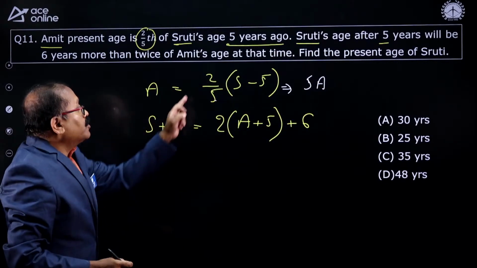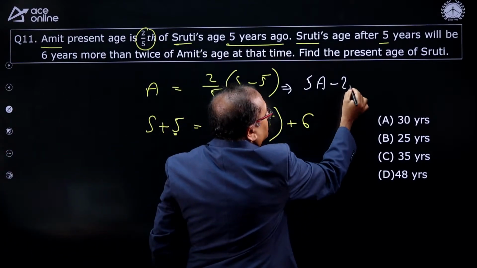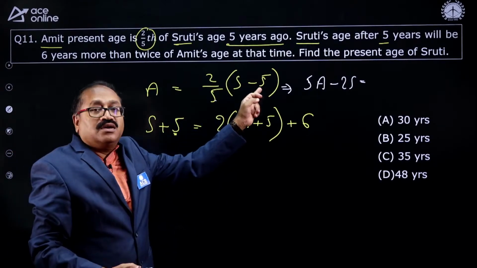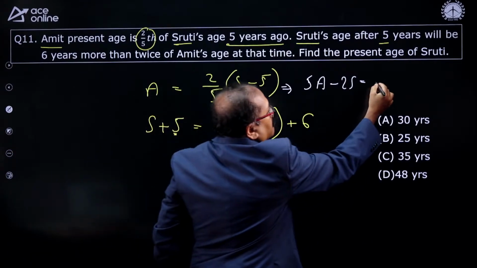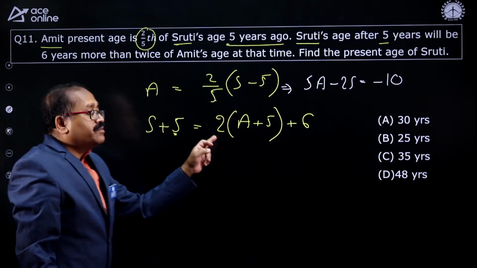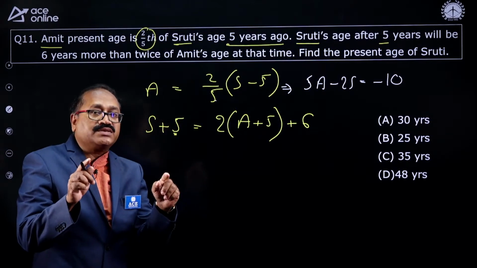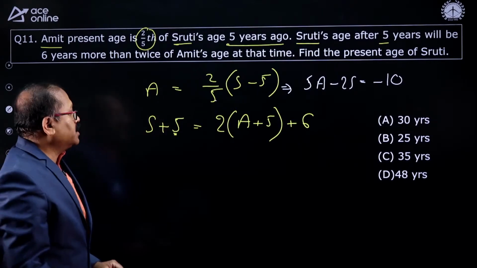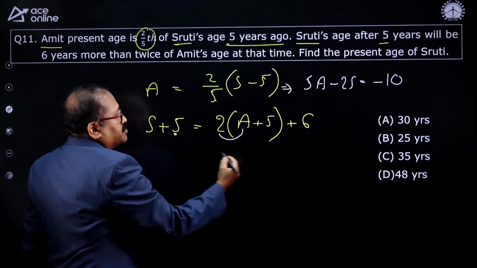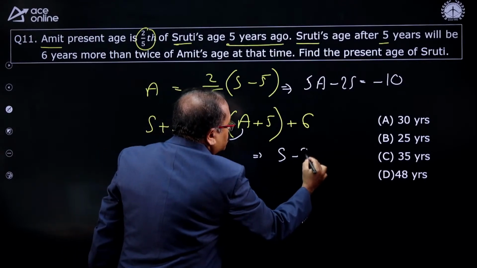Now this 2S will come to this side as minus 2S, which is equal to minus 10. Done? And from here, will I get any equation? We will get one equation over here. This is 2A, so that comes as S minus 2A.